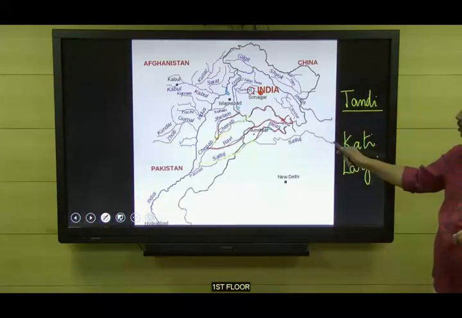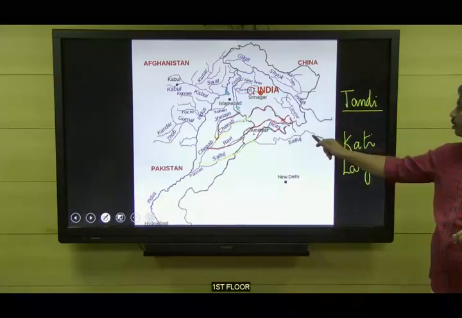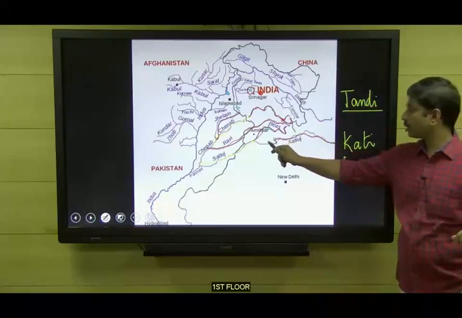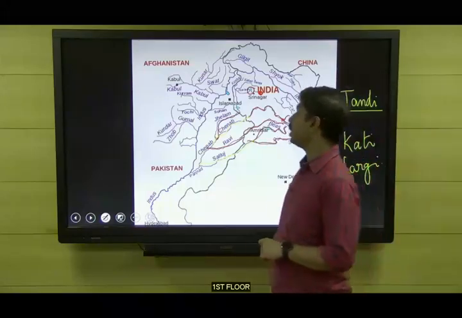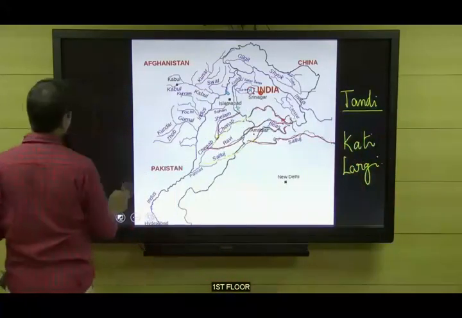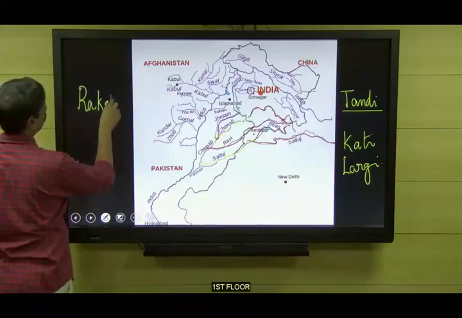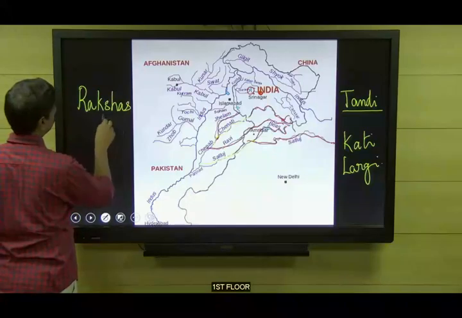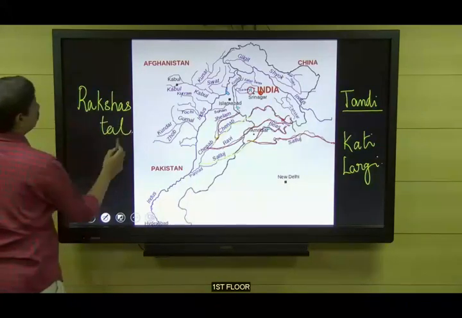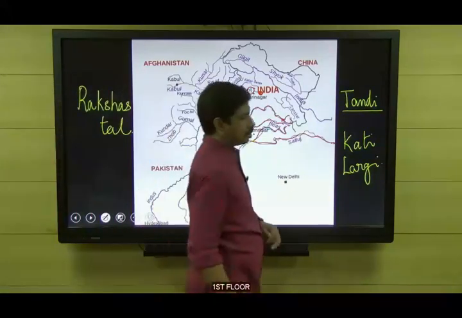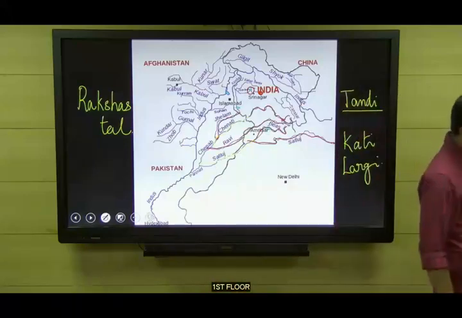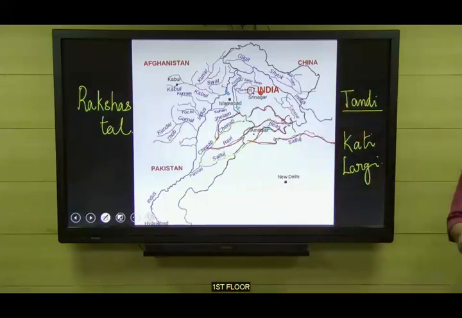Sutlej originates in the Tibetan region again, at Rakshasthal. Okay, that is a lake where the Sutlej originates, a lake in Tibet, near the Kailash range.